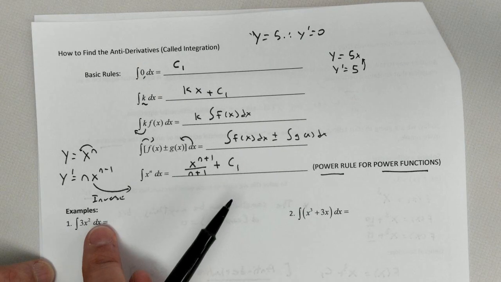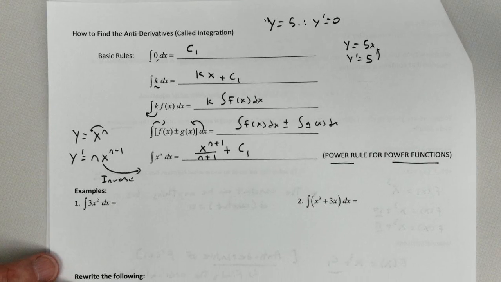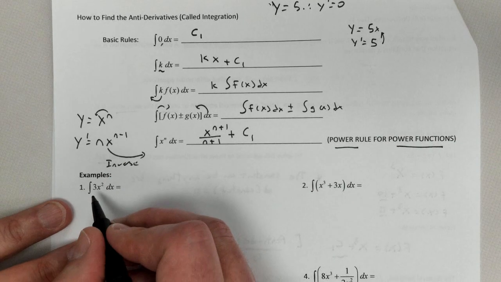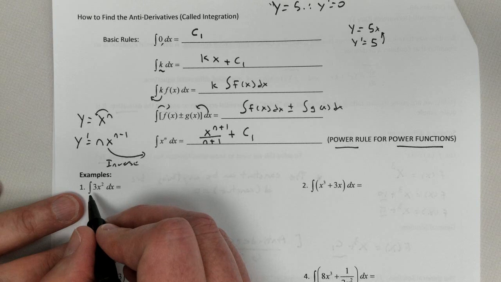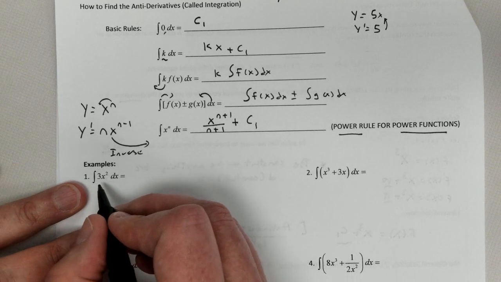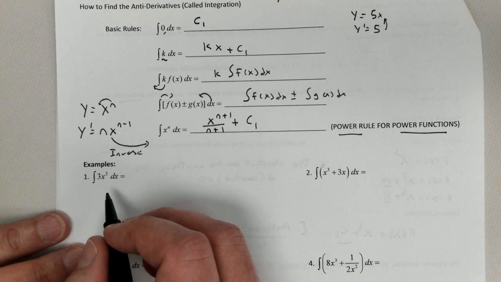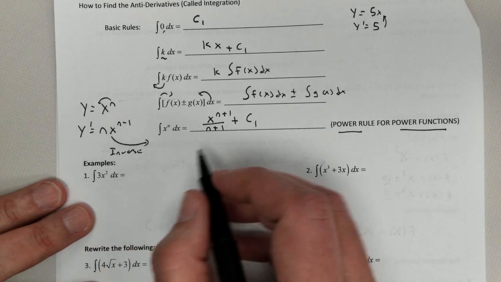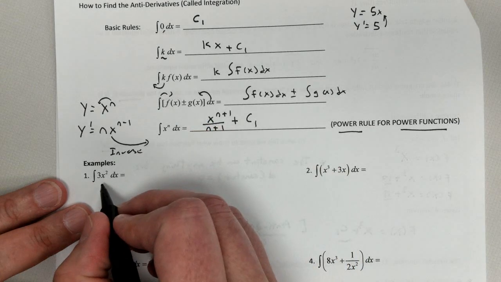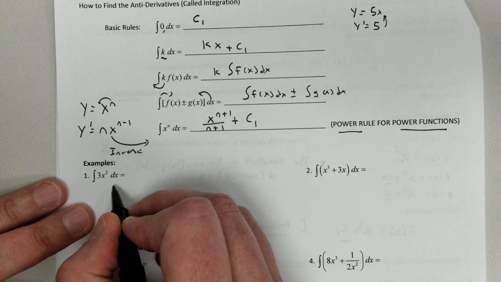So let's look at an example, and then we'll go on to the next video, okay? So really simple. If we have the antiderivative of 3x squared, what we want to find is the original function. To get the original function, remember, we want to use what's called the antiderivative.